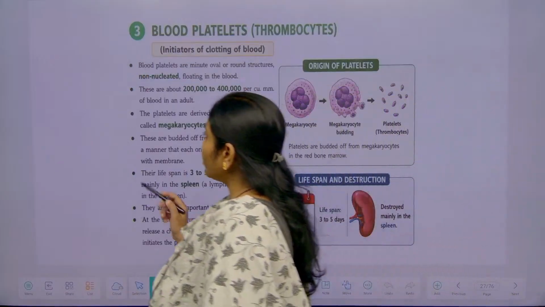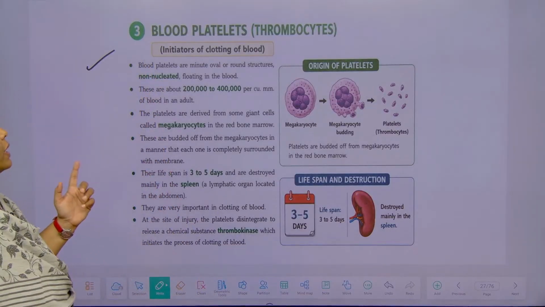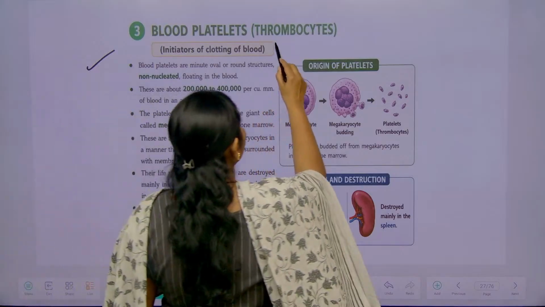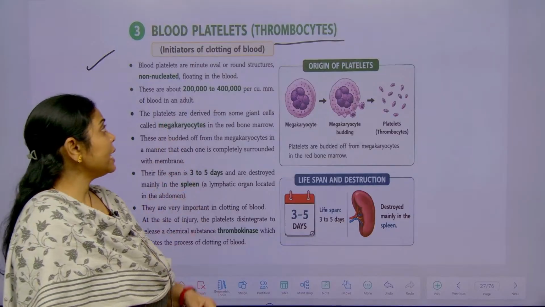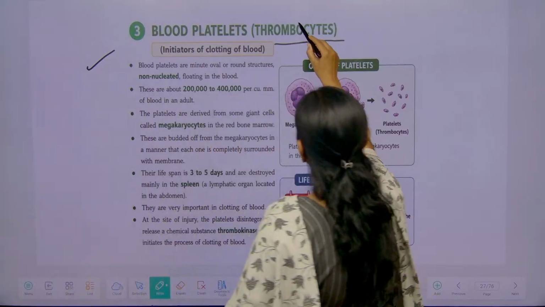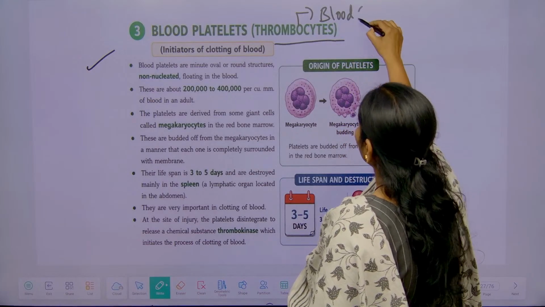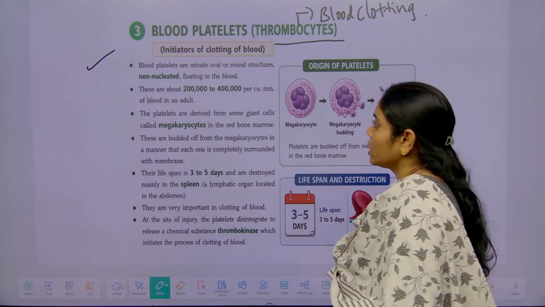Alright. Coming to the third formed element, that is blood platelets, which are also called thrombocytes. Mainly the thrombocytes, or blood platelet cells, help in the blood clotting process.